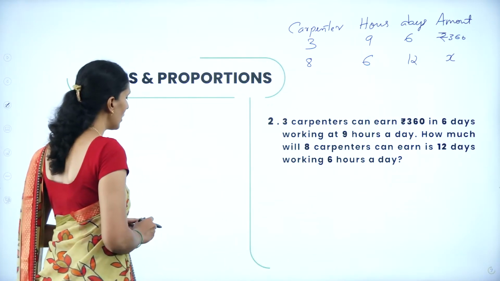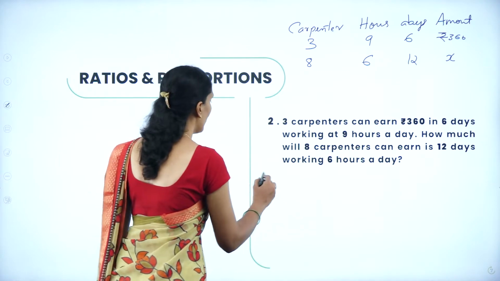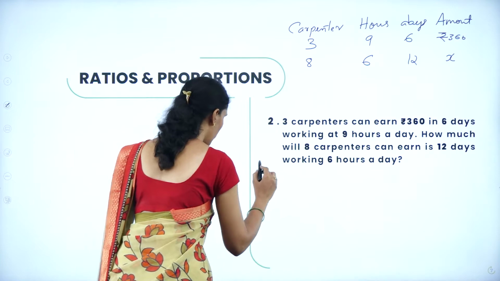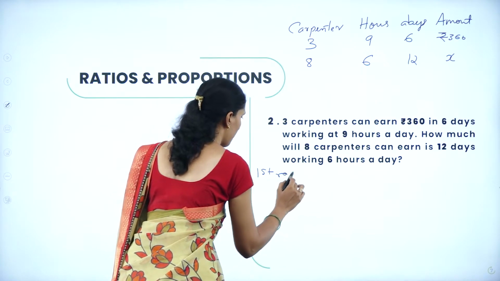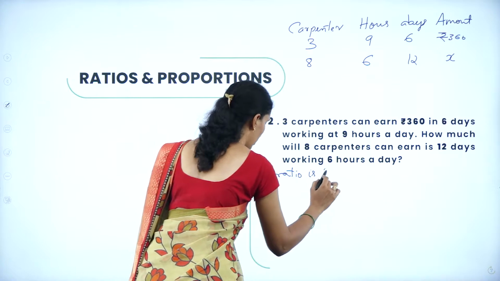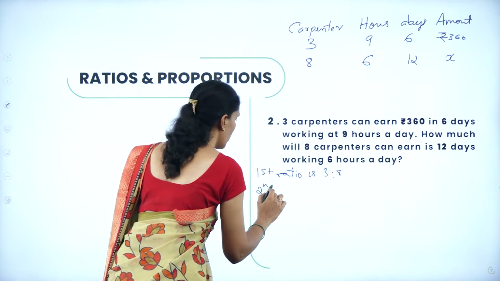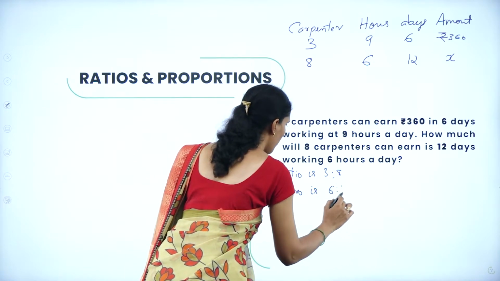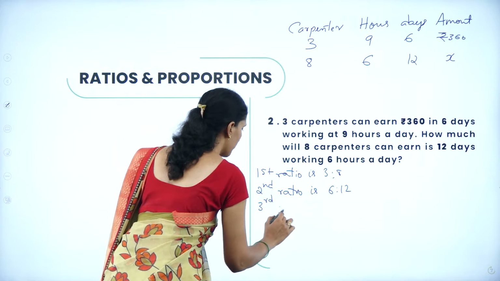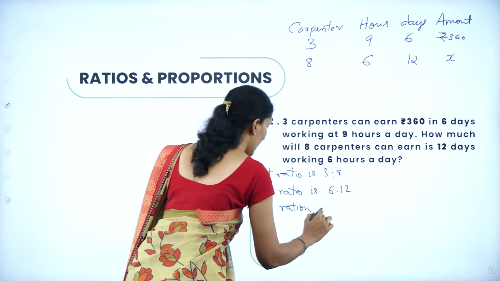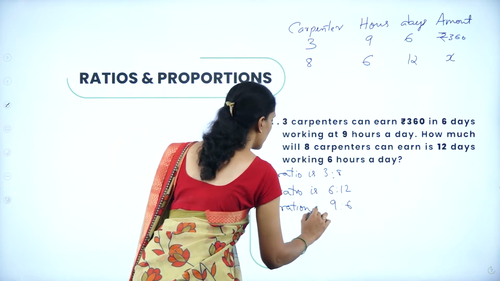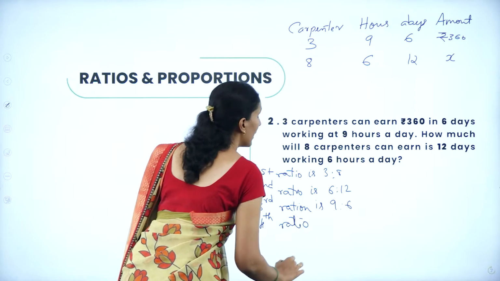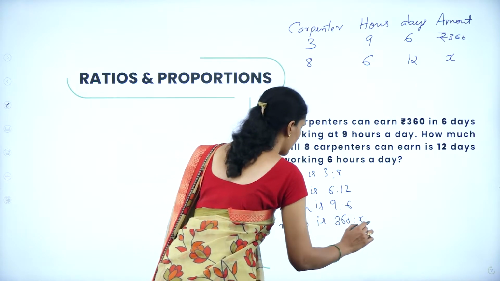So write all these in the form of ratios. First, whatever the direct ratios you have, the first ratio is 3:8, the second ratio is 6:12, the third ratio is 9:6, and the fourth ratio is 3:6.